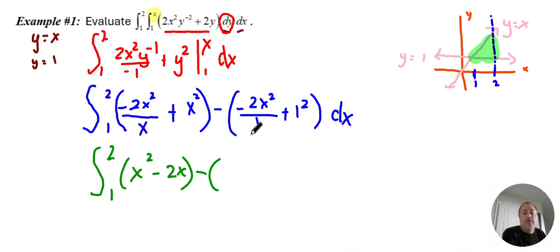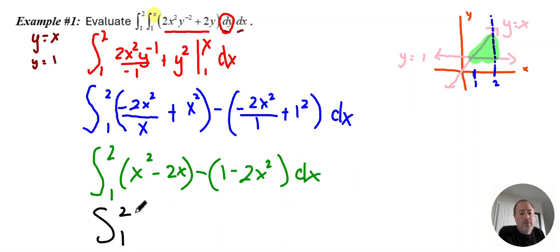So we'll do 1 minus 2x squared dx. And then one more last quick simplification. We get from 1 to 2, and then we combine all our terms. We're going to get 3x squared minus 2x minus 1 dx.